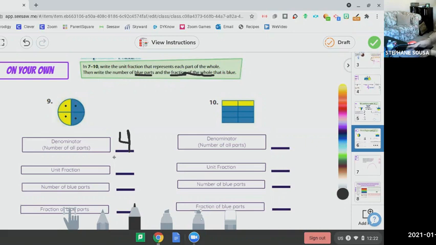The unit fraction is 1 part of a whole. 1 part has a numerator of 1, and the whole has 4 parts. So the unit fraction is 1/4. If you had 1/4, great. If you did not have 1/4, put it now.